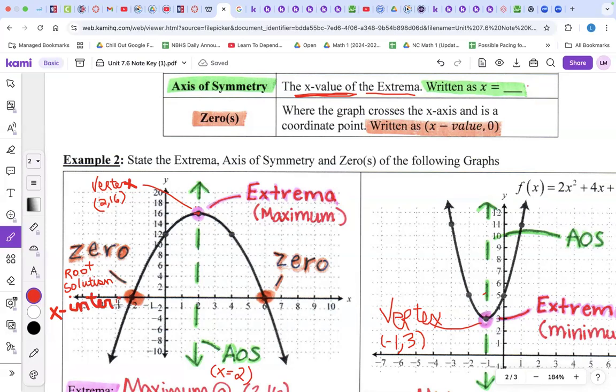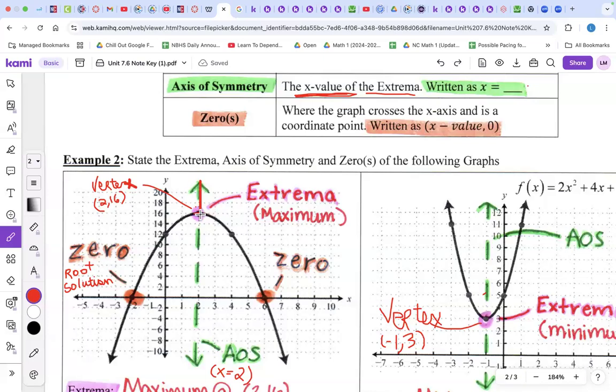All of those are the same thing. So I need you to circle them. Sometimes you will have 1, sometimes you will have 2, and sometimes you will have no x-intercepts.